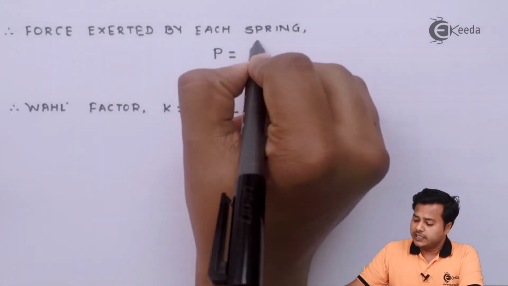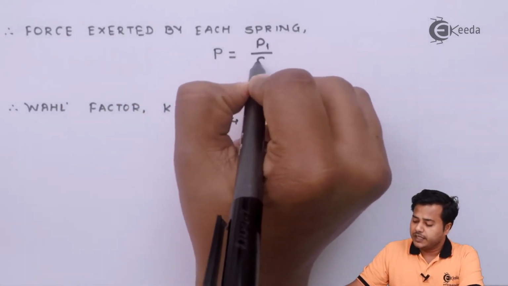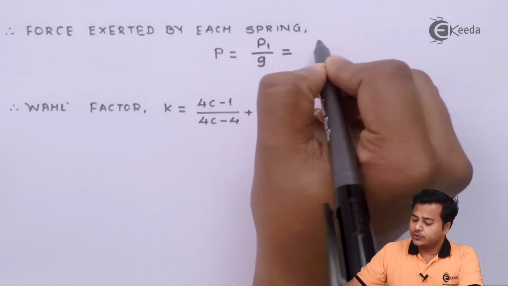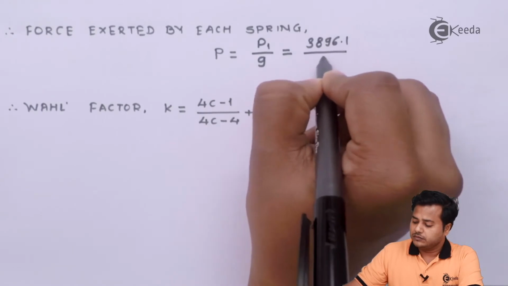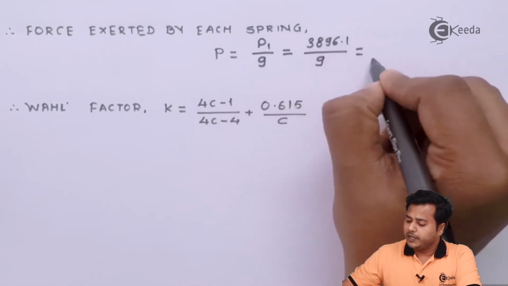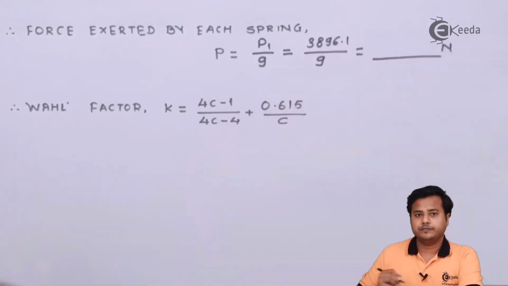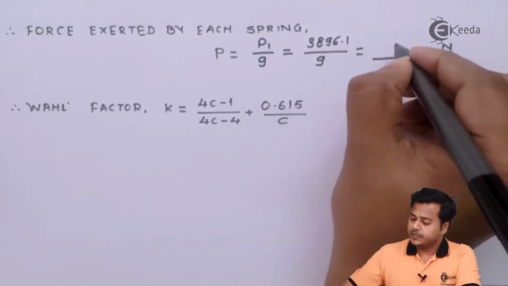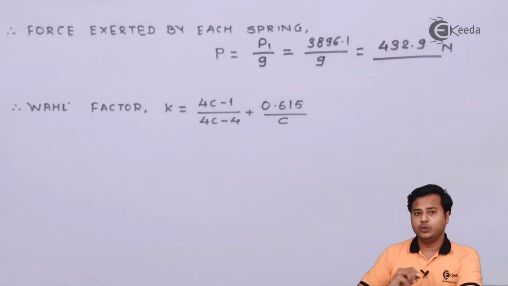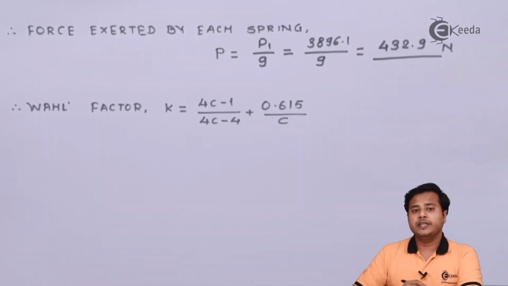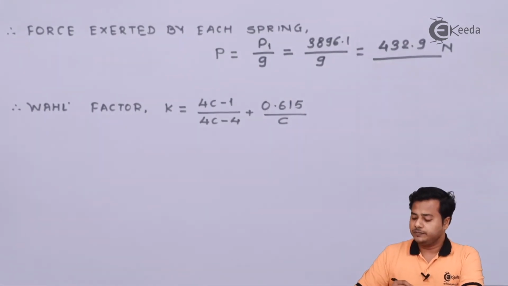So we'll say T1 divided by 9, which is equal to the value that is given, and therefore P value comes out to be somewhere around 432.9 Newton.